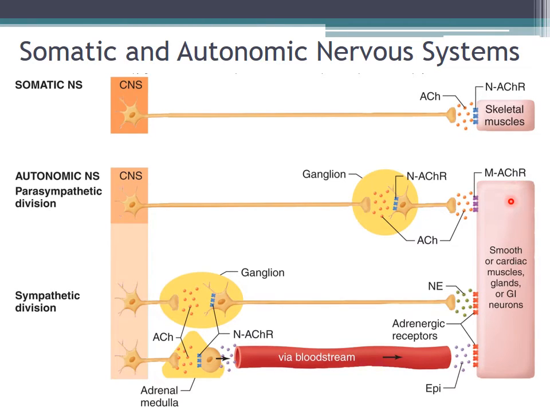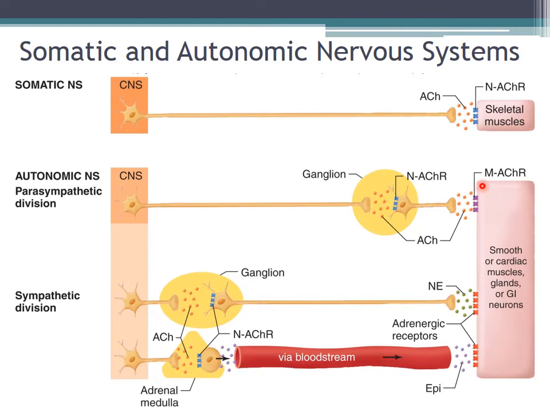Now, the difference here is that the acetylcholine will not bind to a nicotinic acetylcholine receptor. Notice that this is an MACH receptor, not an NACH receptor. The MACH receptor is a muscarinic acetylcholine receptor. The muscarinic acetylcholine receptor is actually a G protein coupled receptor.